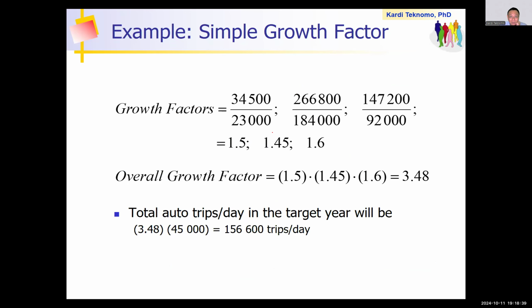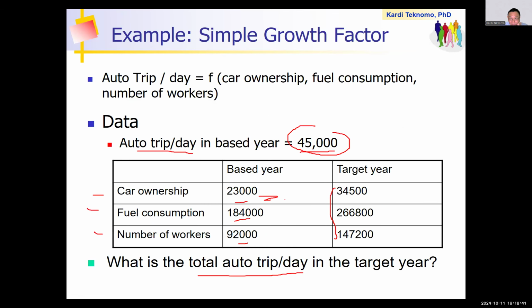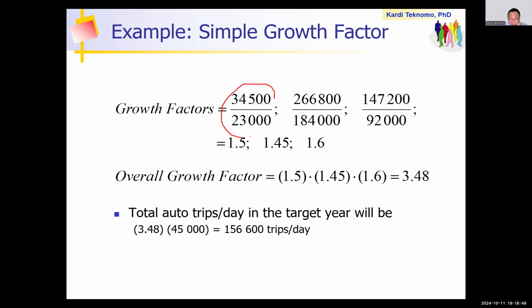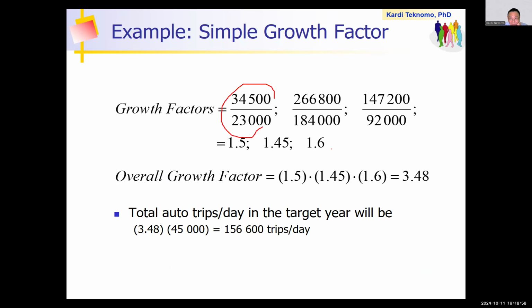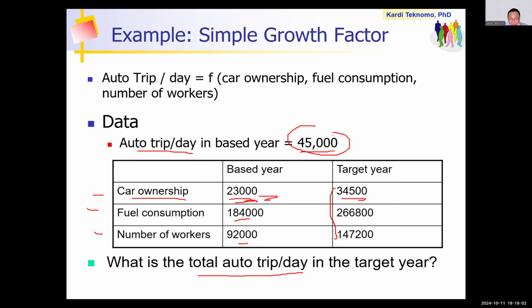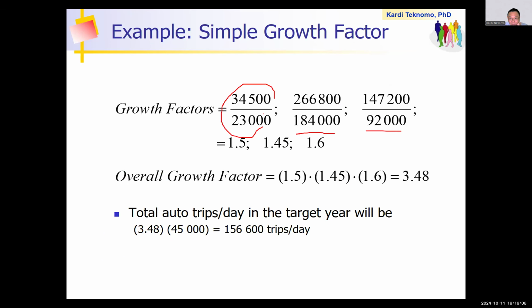Here in this example, you have 34,500 divided by 23,000. Can you see this? This is the first factor, car ownership. Then this is the second factor, fuel consumption, and this is the third factor, number of workers. So you divide, you get three numbers here.